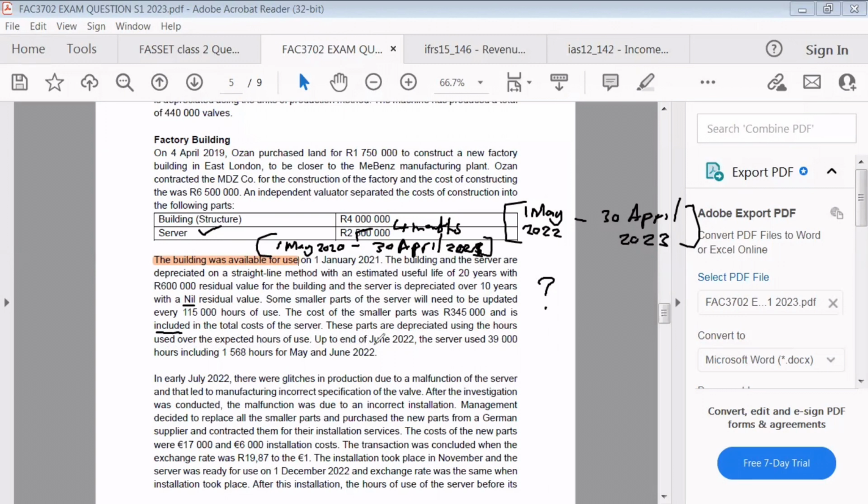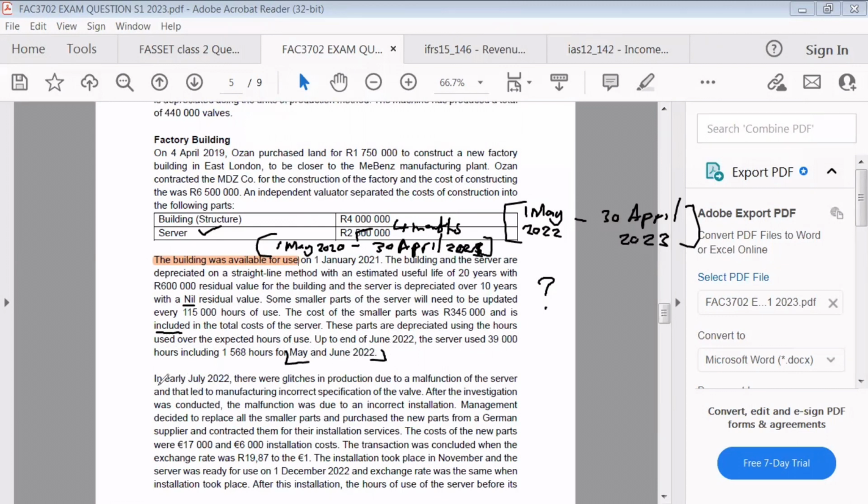Up to the end of June 2022, the server used 39,000 hours, including this for May and June. Why are they providing this? We'll find out.